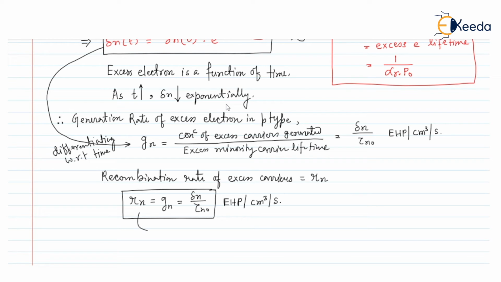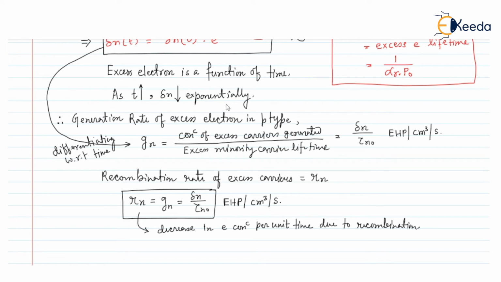And from this we can say there will be decrease in electron concentration per unit time due to recombination.